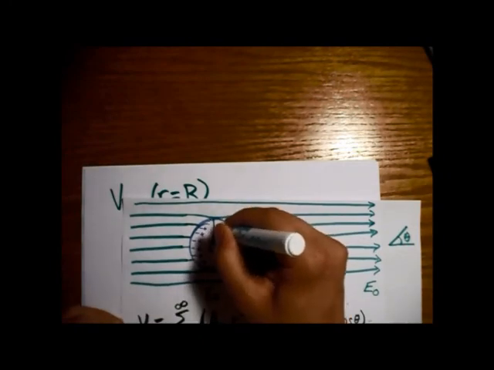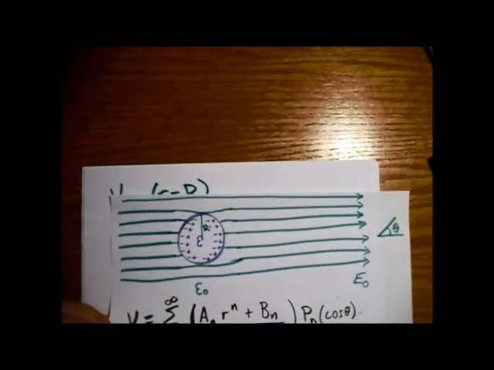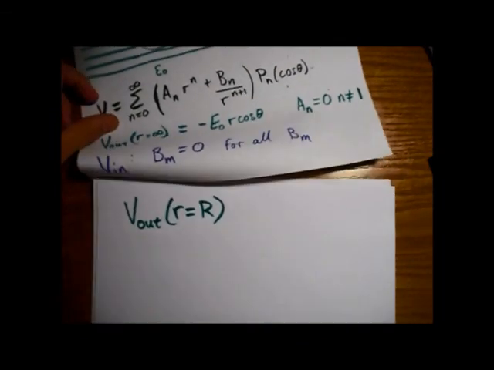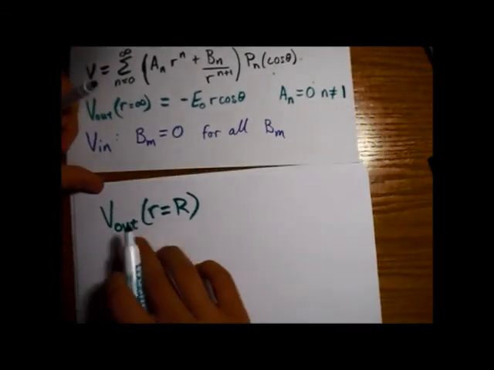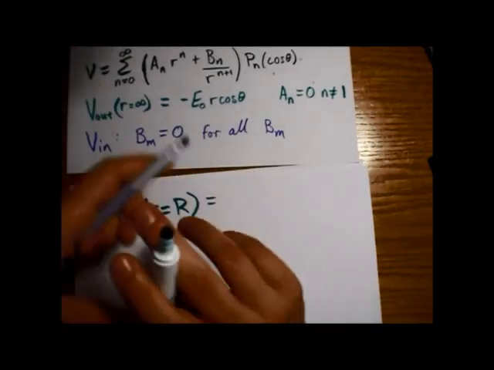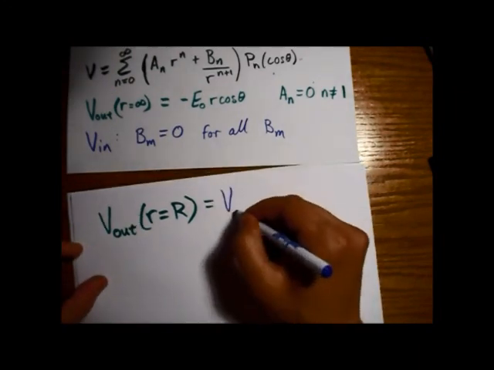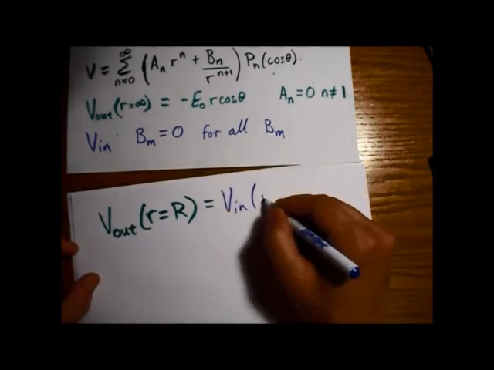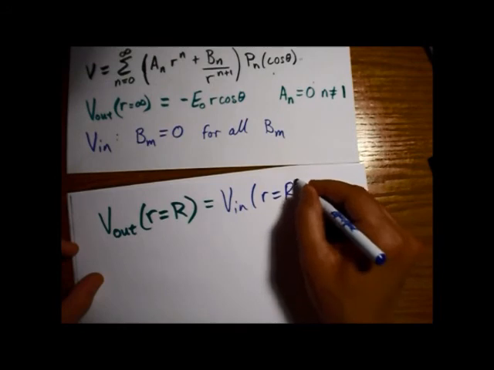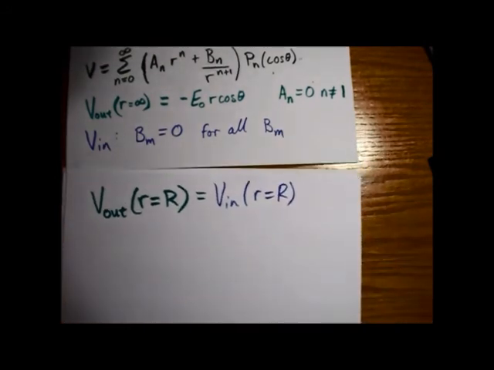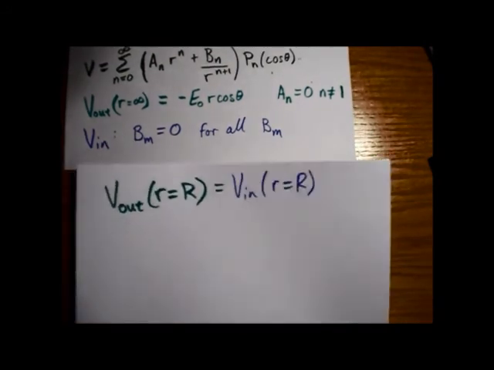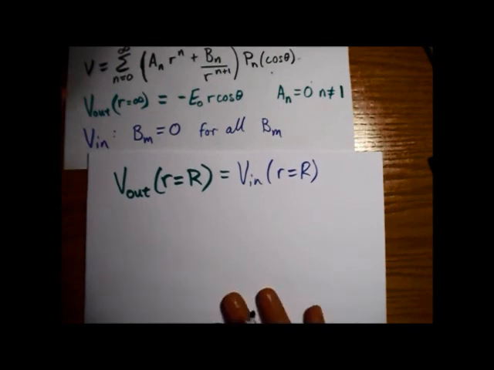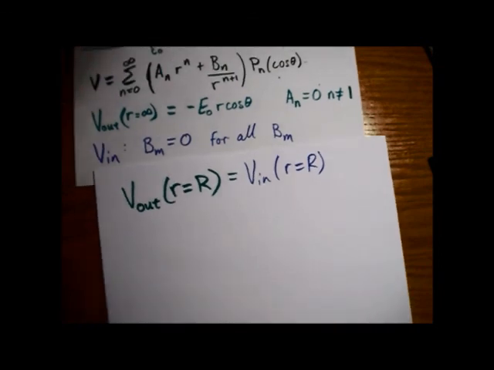We'll just draw that in here, big R. V sub out is going to be equal to V sub in at the radius of the sphere.